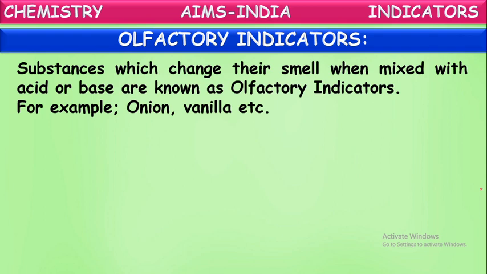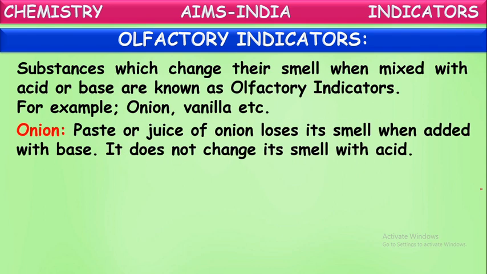They show different odor or smell with acids and bases. So in that way they can be used for detecting those. For example, onions, vanilla extract or vanilla essence. These are examples of olfactory indicators.